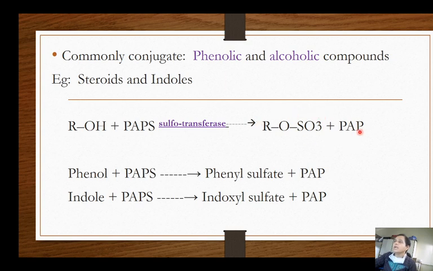The phosphoadenosyl phosphate is removed as such. Now, when we look at the compounds, phenol forms phenyl sulfate, indole forms indoxyl sulfate. So, in this way, sulfation helps in conjugation of phenol and indoles.